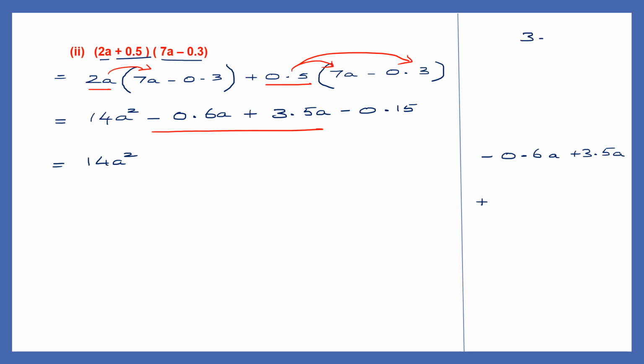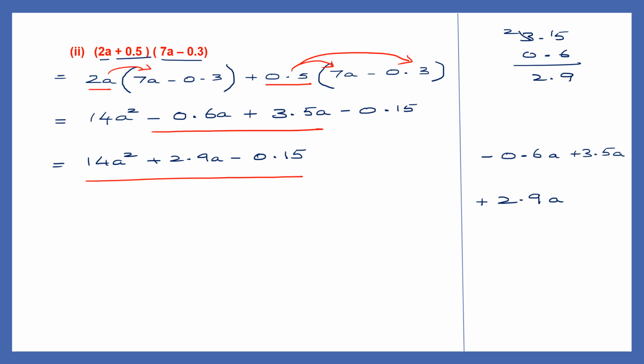Let's subtract 3.5 and 0.6. So this becomes 2.9. So this is plus 2.9 and we have a. So let's write that plus 2.9a minus 0.15. So this is our answer, 14a square plus 2.9a minus 0.15.